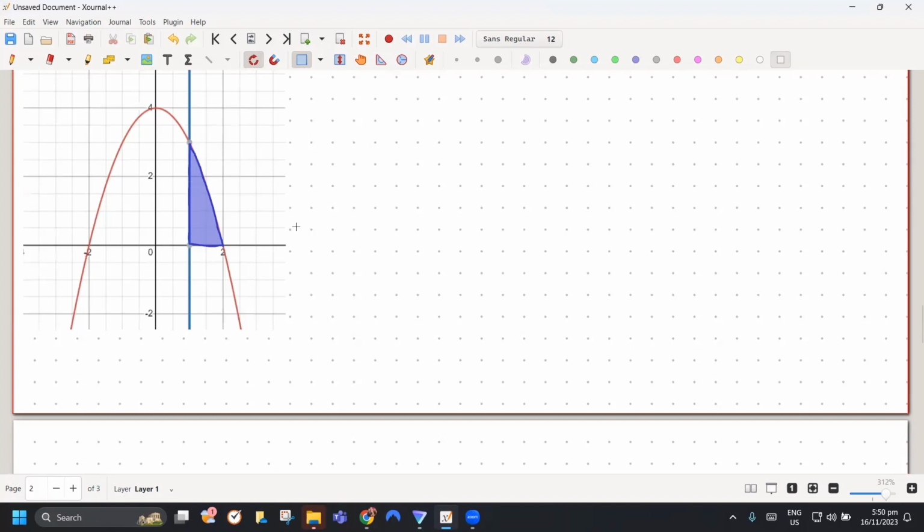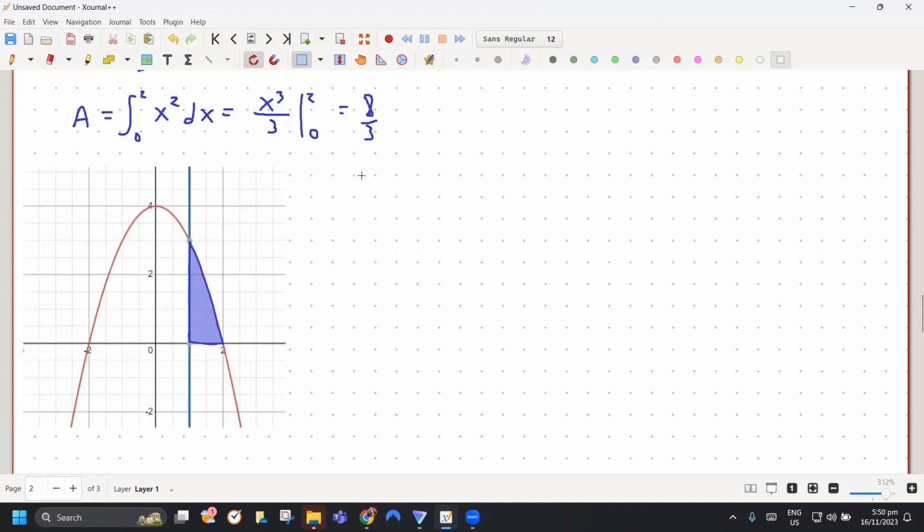Same region as 21. Tapos, set up ulit. X squared plus x equals 2.